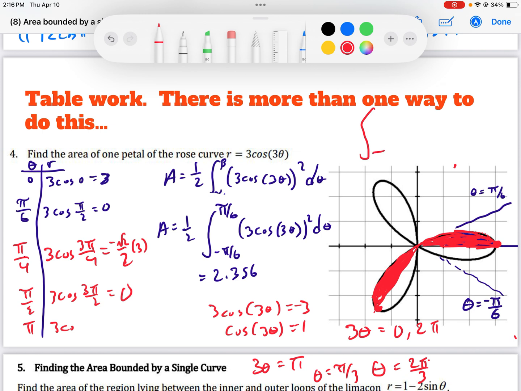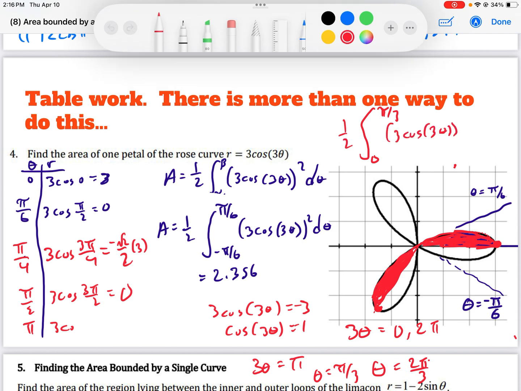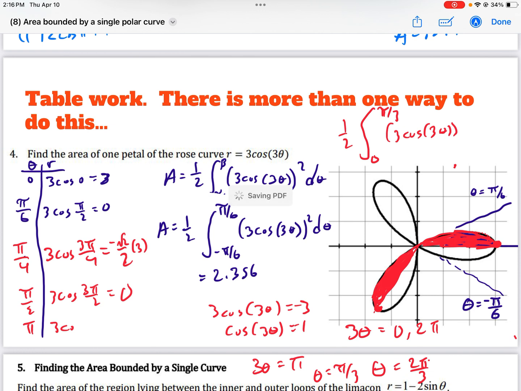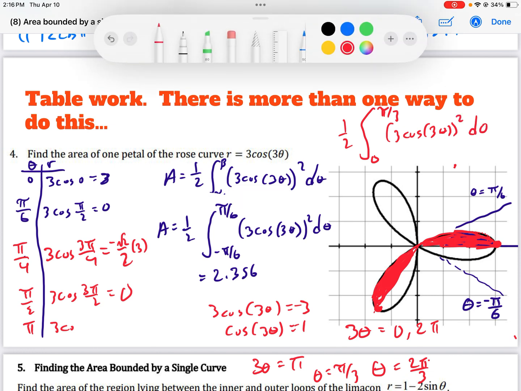So I could integrate from 0 to pi over 3 of 1/2 times the radius, (3 cosine 3 theta) squared d theta, and get the same thing. That's using the symmetry and all those ideas, but I think there are easier ways to do that.